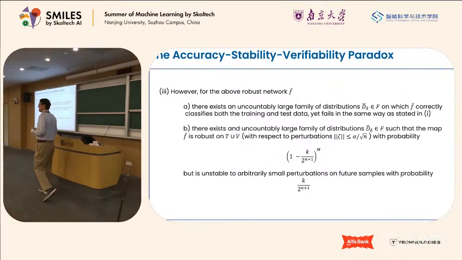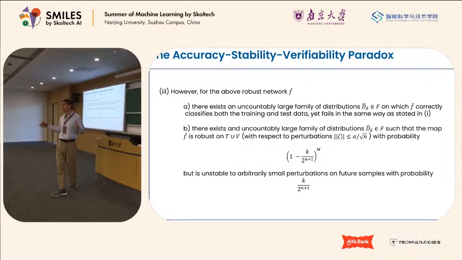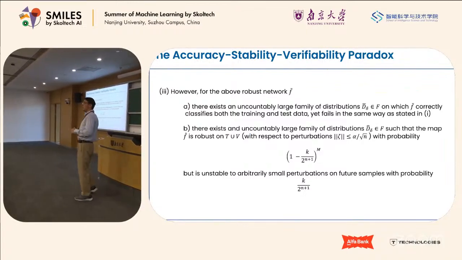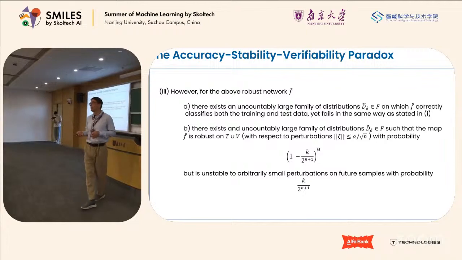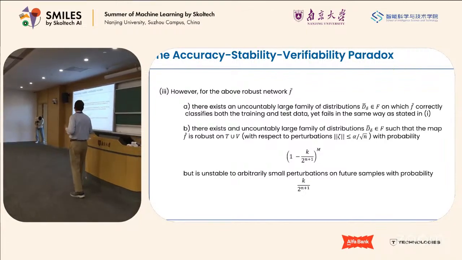What I'm trying to say is, if you verified your thing for these distributions on some fixed number of points, and you are sure that the behavior is robust, with some probability, and you see, if n is large, then this is reasonably close to 1, there will be some unstable point further down the road.